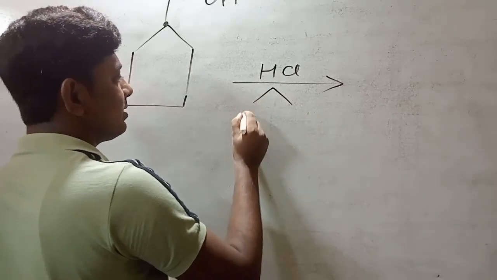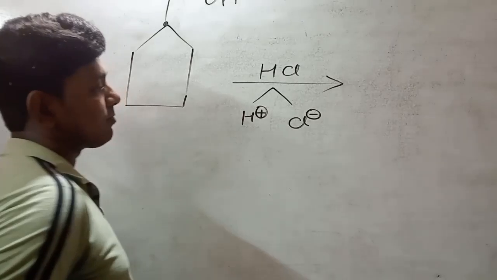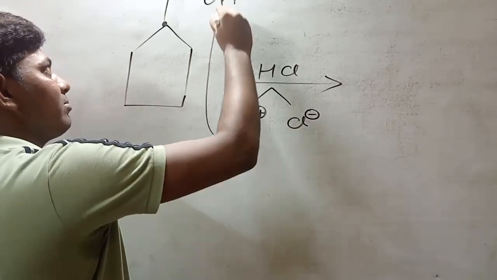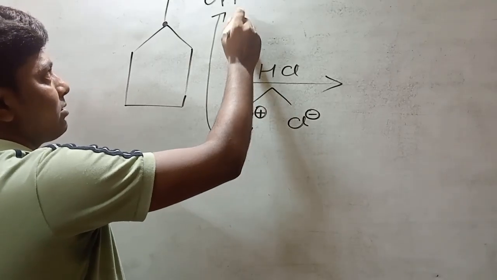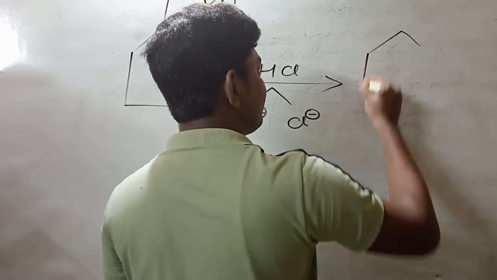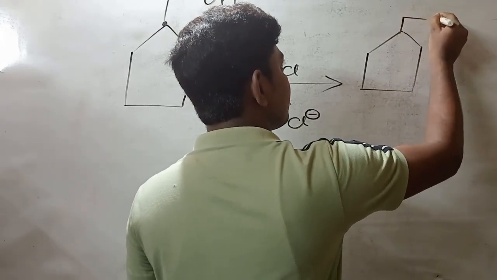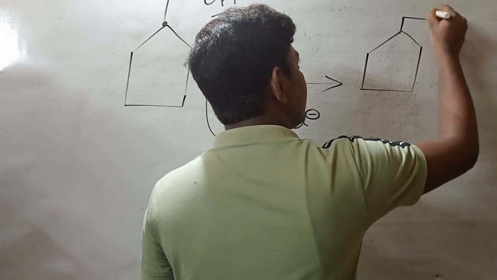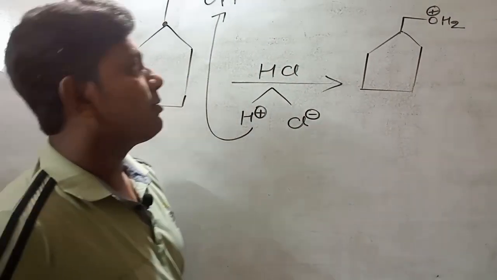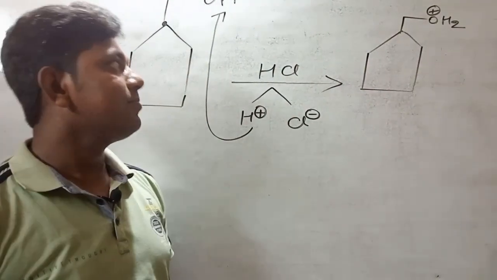After the heterolytic fission, H plus and Cl minus are formed. H plus protonates this molecule, so it becomes like that. One extra hydrogen is added on the oxygen atom, so oxygen gets a positive charge.